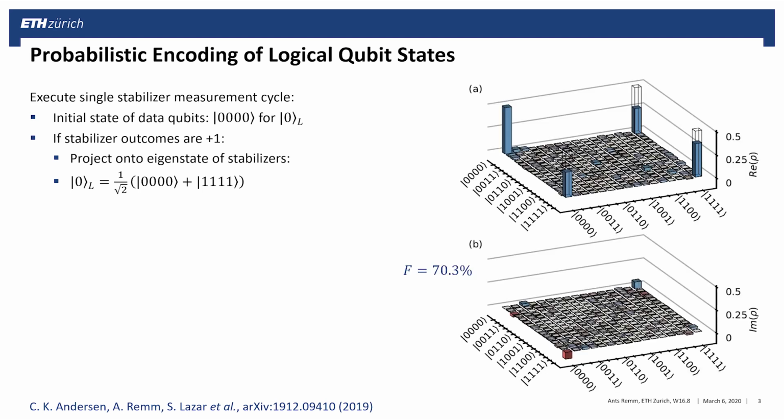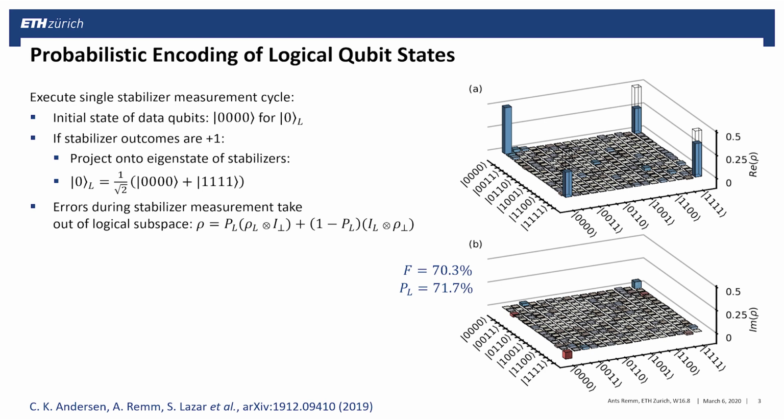We characterize the 4-qubit state by state tomography and extract the following density matrix. As you can see, the main deviation from the ideal state, shown in wireframes, is the slightly reduced amplitude of the real part of the density matrix, amounting to a fidelity of 70.3%.